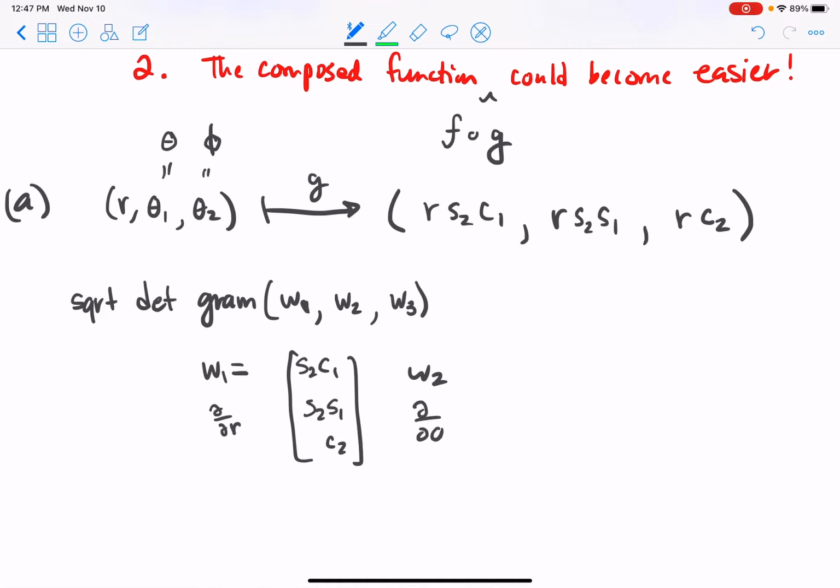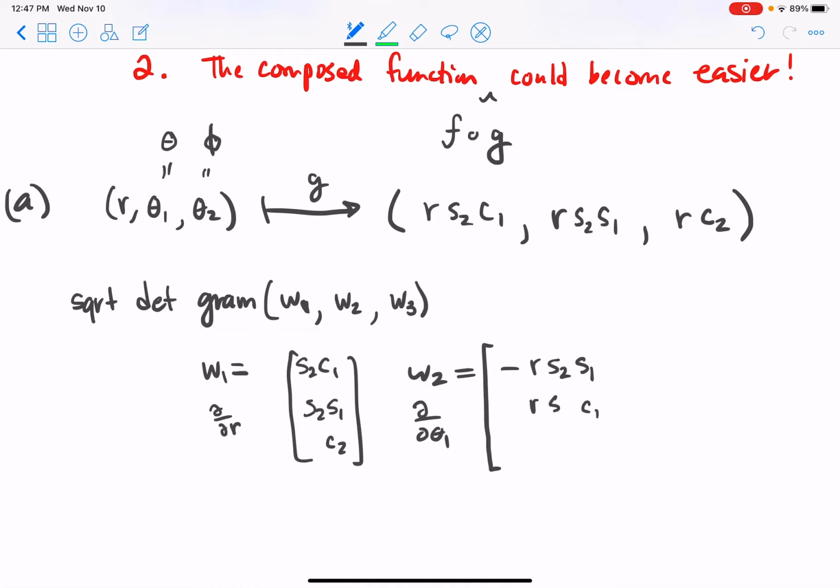W2 is from partial theta 1. And in the theta 1 derivative, a cos becomes minus sine. And then the r S2 hangs out. Those are constants with respect to theta 1. Okay, theta 1, a sine becomes cos.